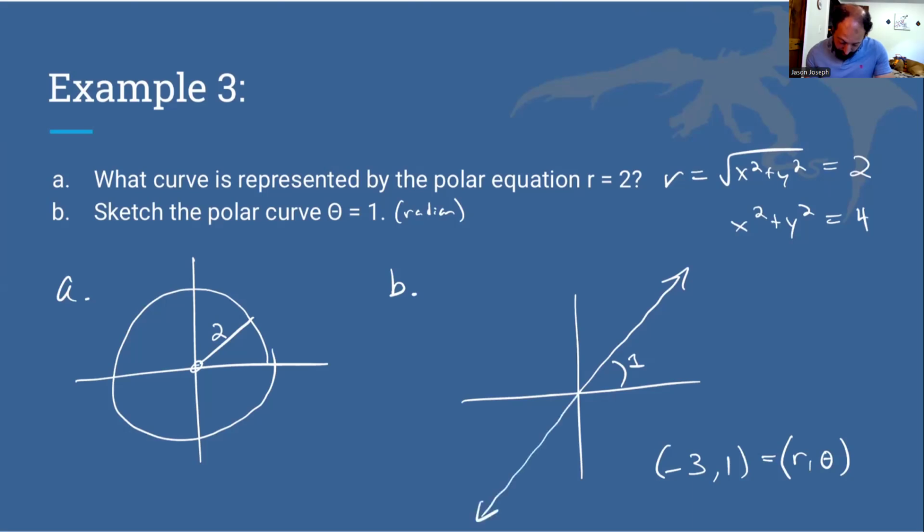So it'd be a distance of 3 going into quadrant 3. So the full graph then will actually be this entire line.